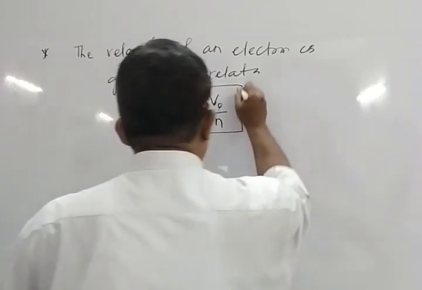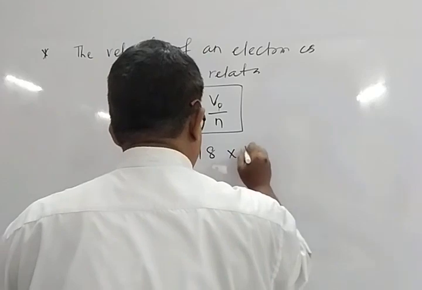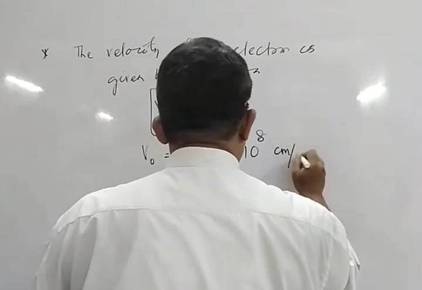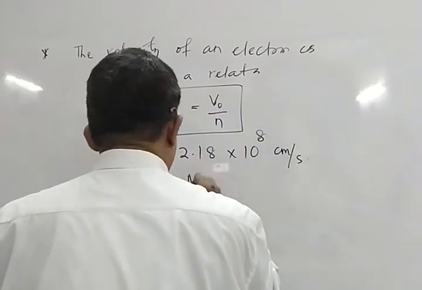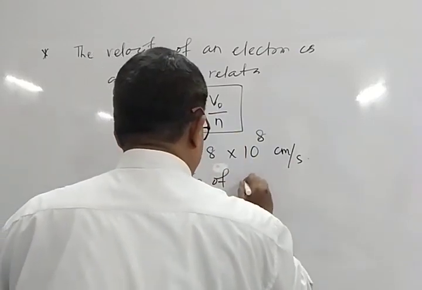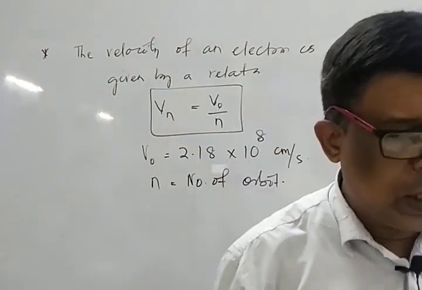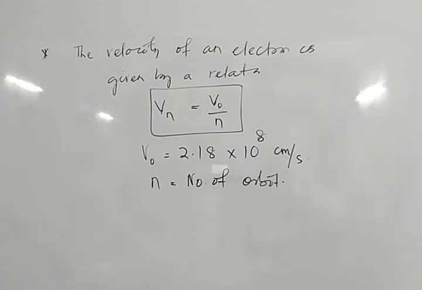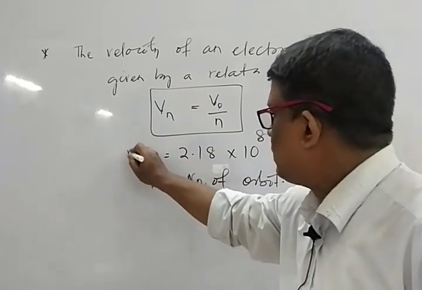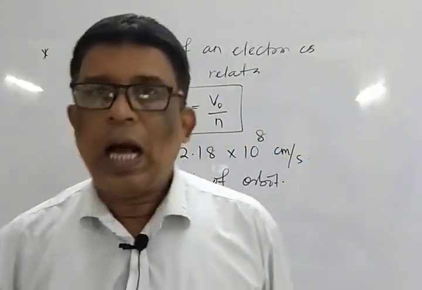Mark that, where V0 is equal to 2.18 into 10 to the power 8 centimeter per second. That is the velocity for the first orbit, and n is known as the number of orbit. Mark that. The expression for calculating the velocity, Vn is equal to V0 by n, where V0 is the velocity of the first orbit, that is 2.18 into 10 to the power 8 meter per second. It is an expression for hydrogen.